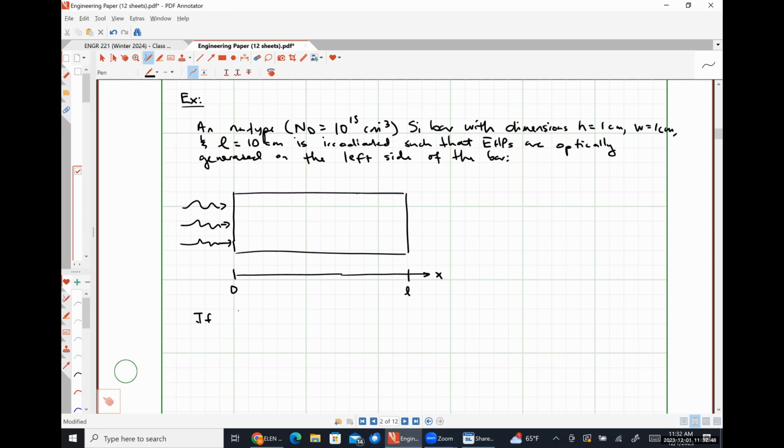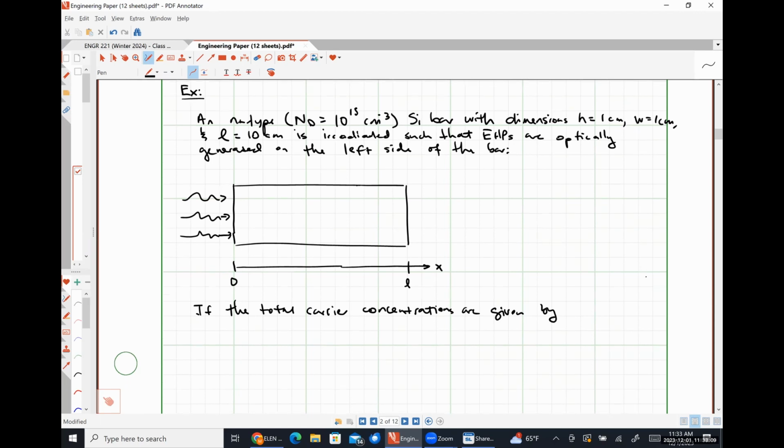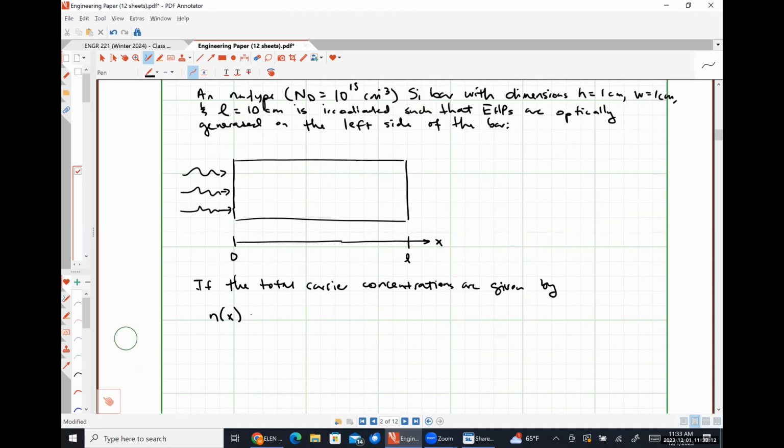So if the total carrier concentrations are given by, n as a function of x will be equal to 10 to the 17 electrons per cubic centimeter times e to the negative x over lowercase LD.